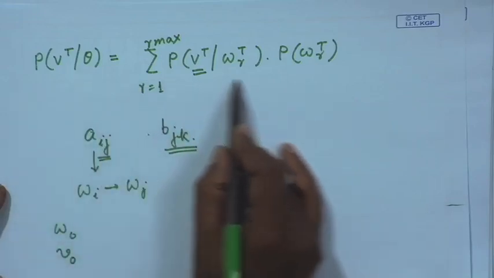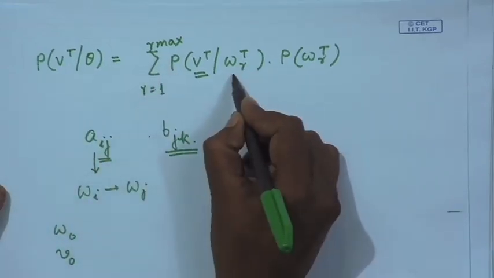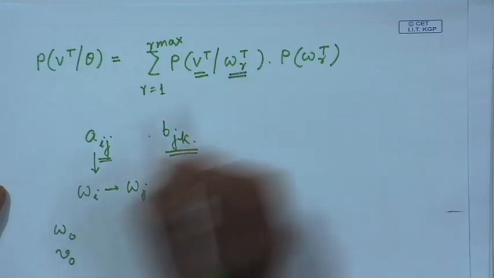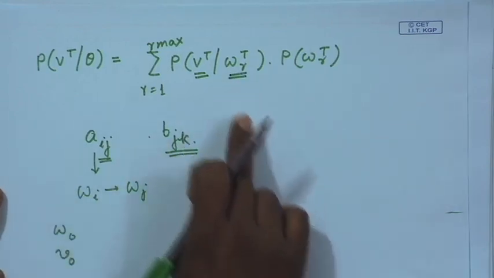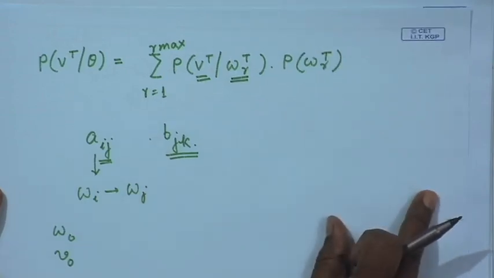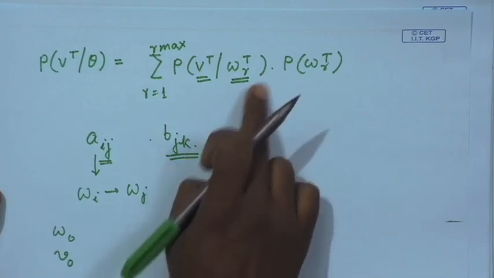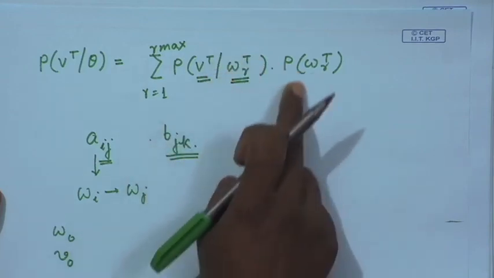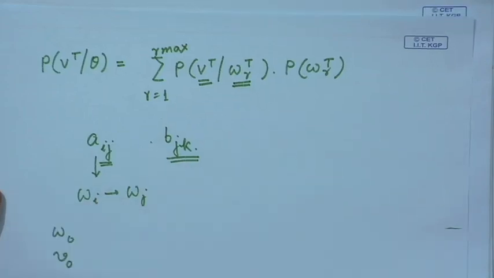It is summed over all possible paths omega r T. Omega r is one of the possible sequences of length capital T, and I am summing over all such possible sequences of hidden states.